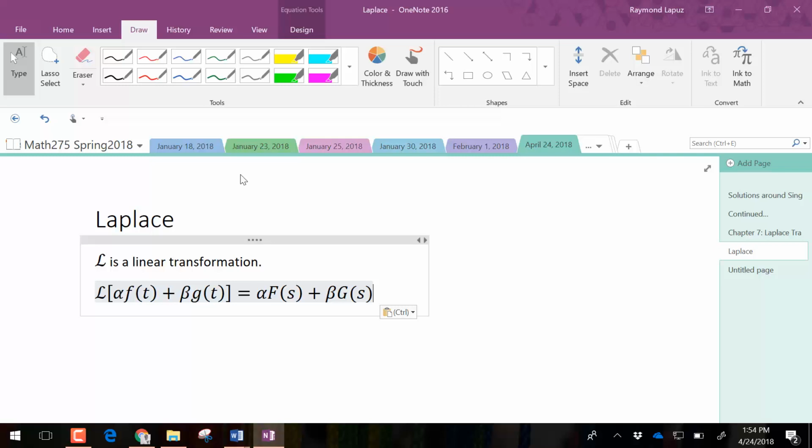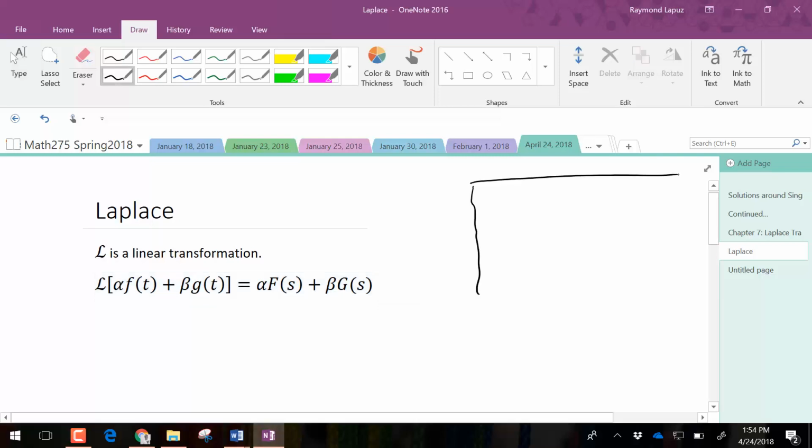What is not true is that the Laplace transform of a product is not equal to the product of the Laplace transforms.